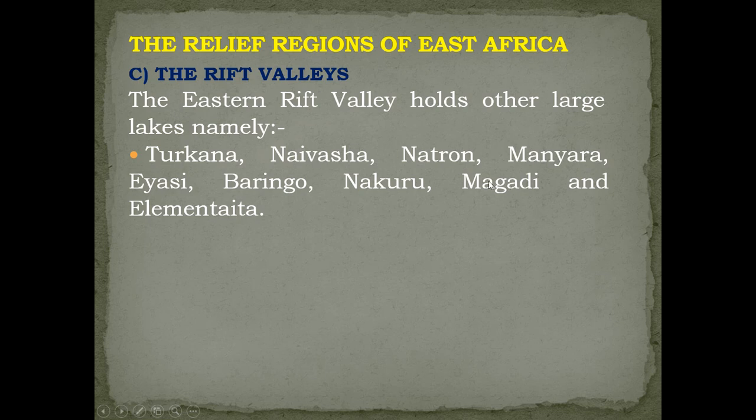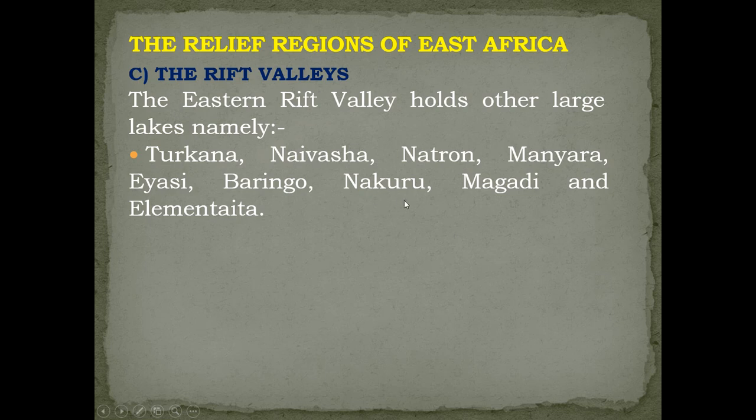Then Magadi is yet another lake which is so common among the objective questions, equally because it has a major economic activity that is associated with it, and that is mining of soda ash. So these two lakes are commonly tested in the objective questions, so take note of them.